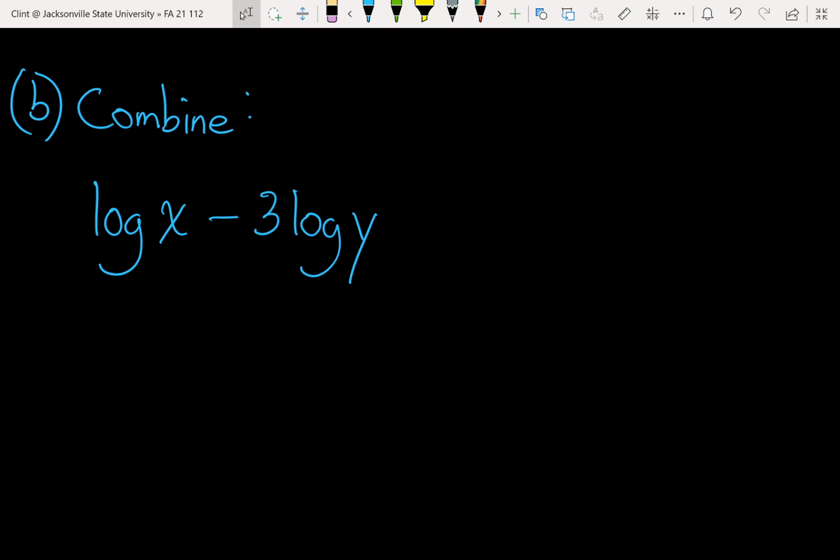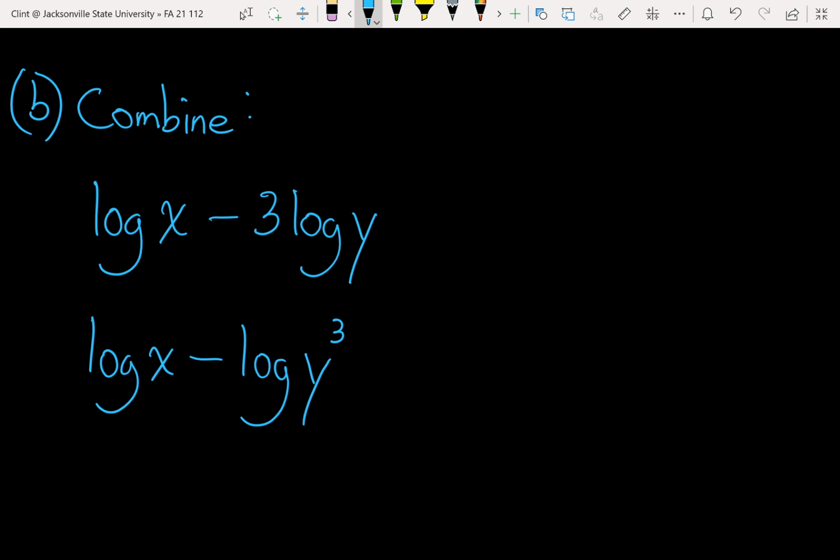Going in this direction, we do want to be generally a little careful and do a certain thing first. Usually, if we have any coefficients, we want to change those to exponents first. It can get really tricky if we don't do that first. So here we can take the 3 and move it to the exponent position on the y.